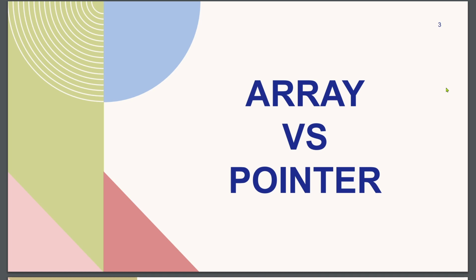So let's move to the next topic, that is array versus pointer. This question may come in 2 mark or 5 mark in university level, so let's read this and try to memorize this.